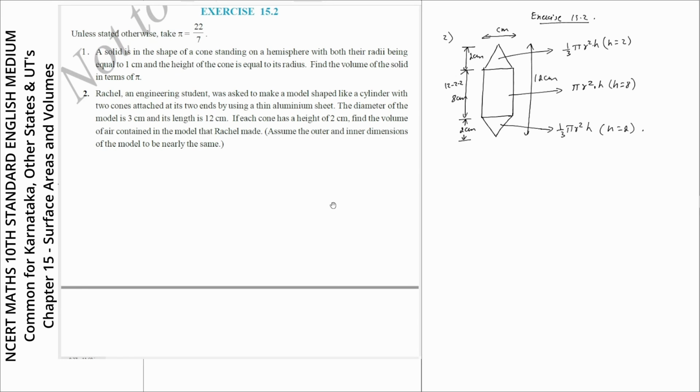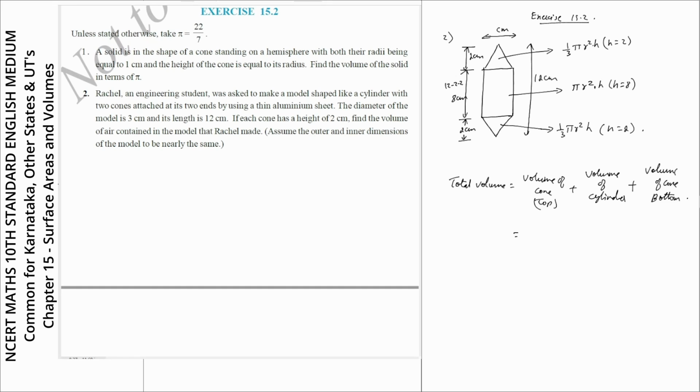Okay, now total volume is equal to volume of cone, that is top cone, then volume of cylinder plus volume of cone, that is the bottom.